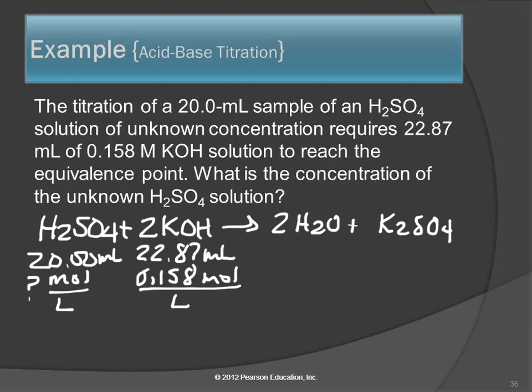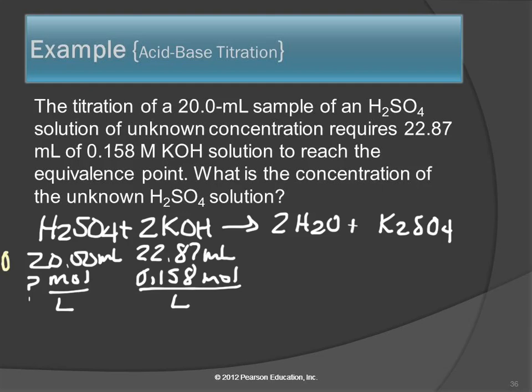We're going to convert to liters. Taking milliliters to liters, hopefully you've become comfortable with that by now. I don't have space to write all that out. You would take the milliliters and multiply by 10 to the minus third liters per milliliter. Or you recognize that milliliters are smaller than liters by a factor of 1,000 and that we need to move the decimal point over 3 places.